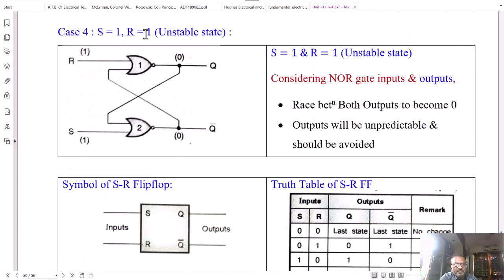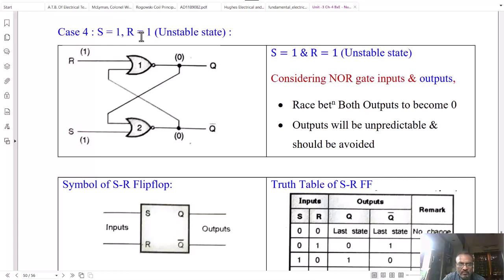Let us consider the fourth condition now. When S equals 1 and R equals 1, it means we want to simultaneously set the output as well as reset the output, and therefore this input combination is an unstable state, and it should not occur in the operation of the SR flip-flop.